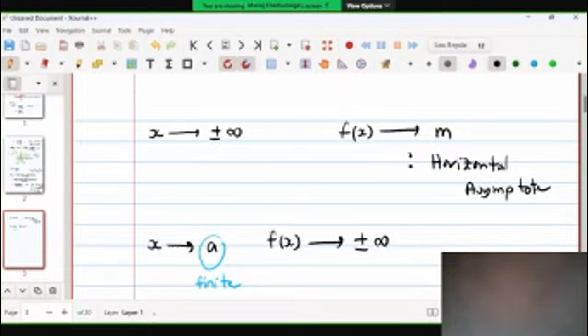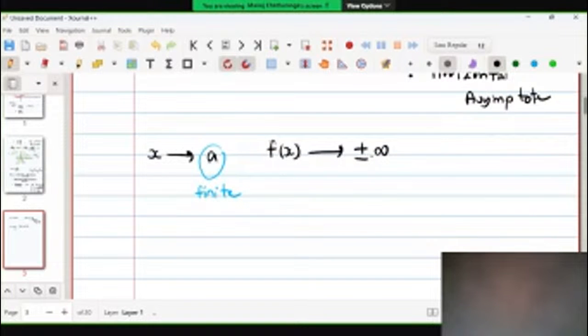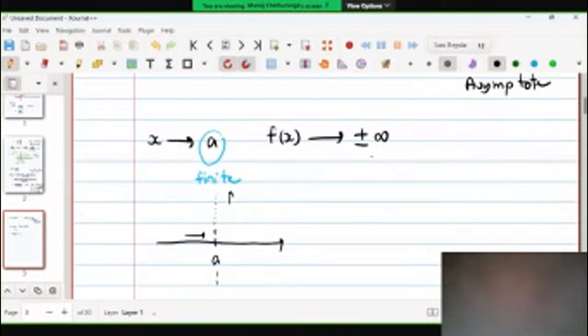So how does it look? Well, let's say this is point a. When x goes to this point, function values go to either positive infinity or negative infinity.